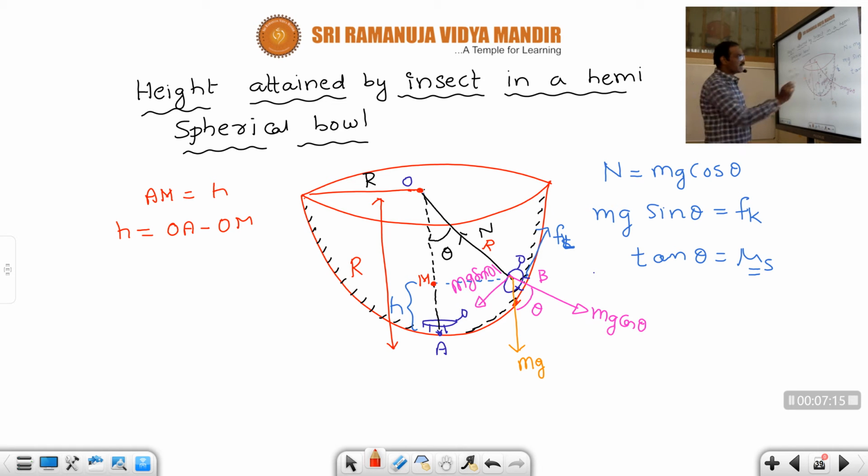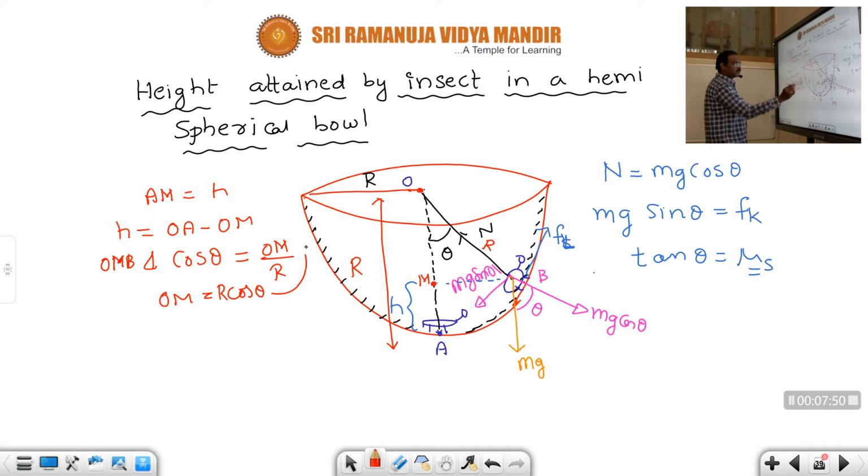From the right angle triangle OMB, cos theta is equal to side OM by the hypotenuse R. Therefore, OM is equal to R cos theta.